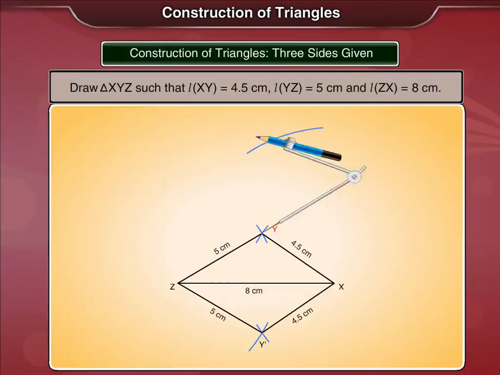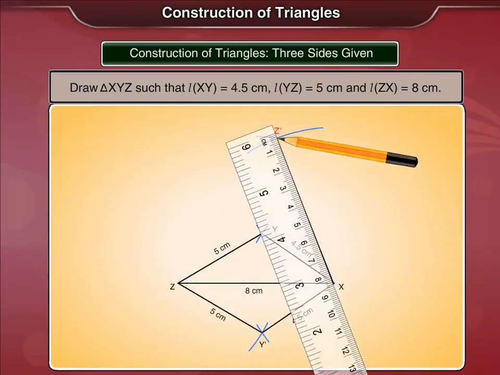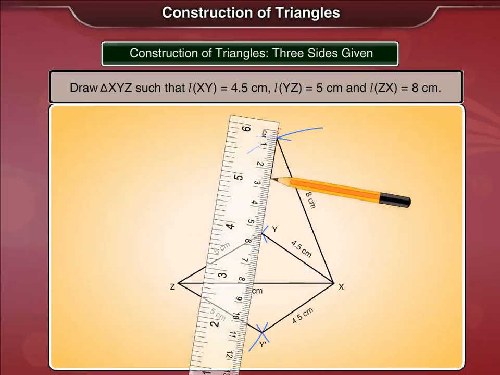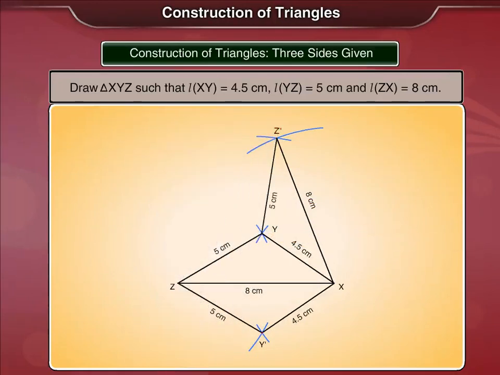Similarly, draw a symmetrical triangle with respect to side YZ. Good. Triangle X'YZ is symmetrical to triangle XYZ with respect to side YZ.